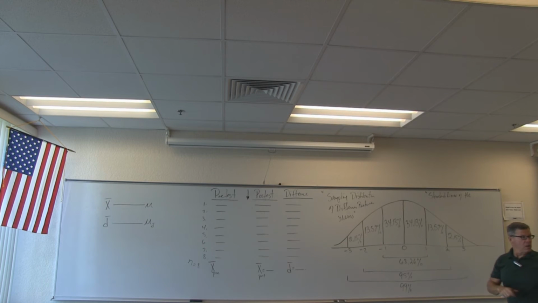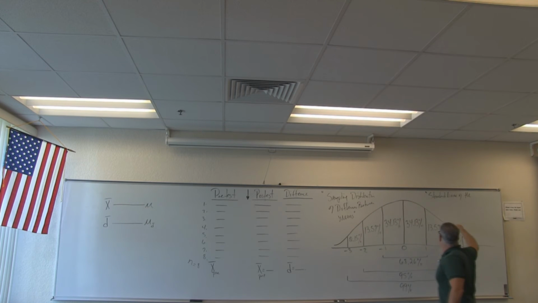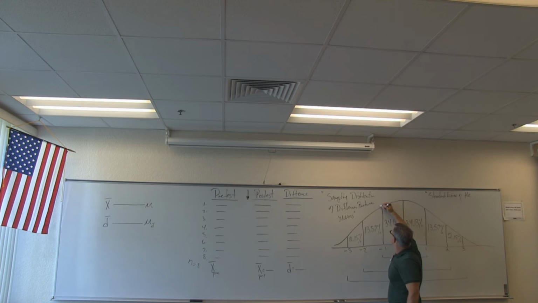Where before, in the z-test and the one-sample t, we had a sampling distribution of an infinite amount of x bars, remember? An infinite amount of sample means clustered around mu. Now we have a sampling distribution of differences.